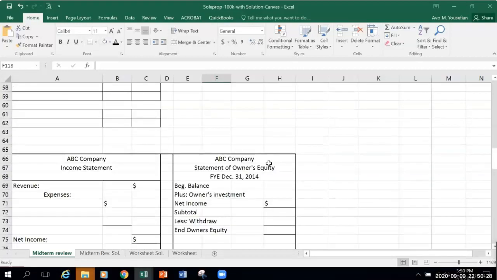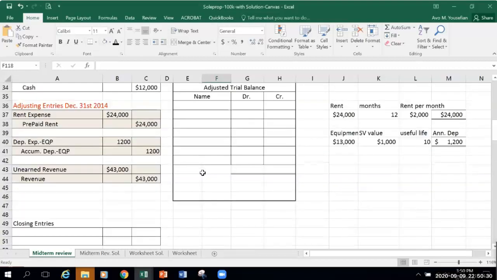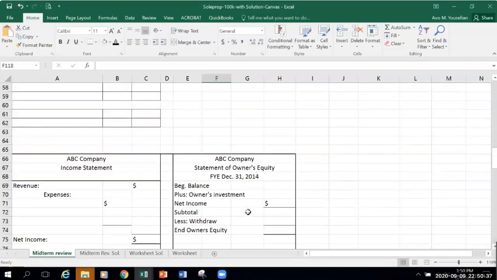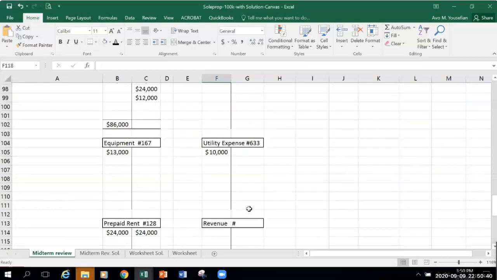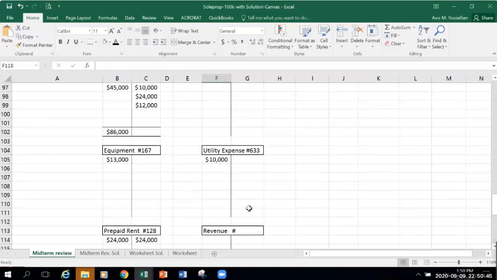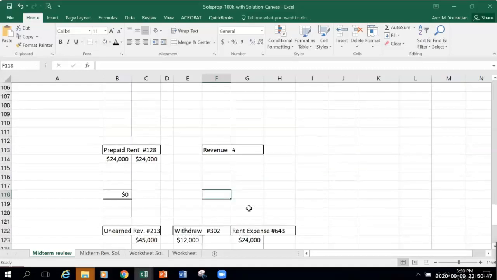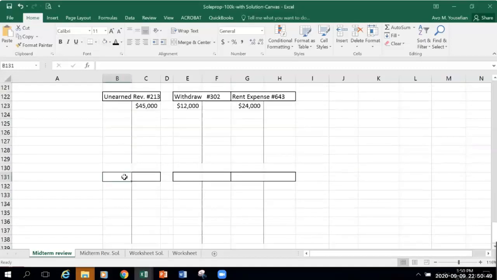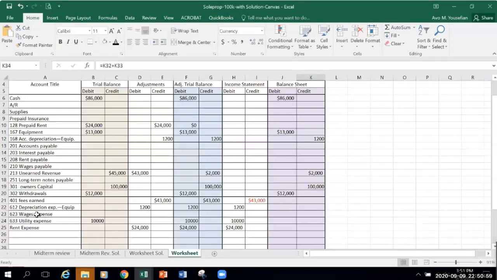Let's do the another one. So go up. Yeah, next one is depreciation expense and accumulated depreciation. Okay, so do I have depreciation expense? No. Okay, so I create one. So this is depreciation expense, account number something, 612.